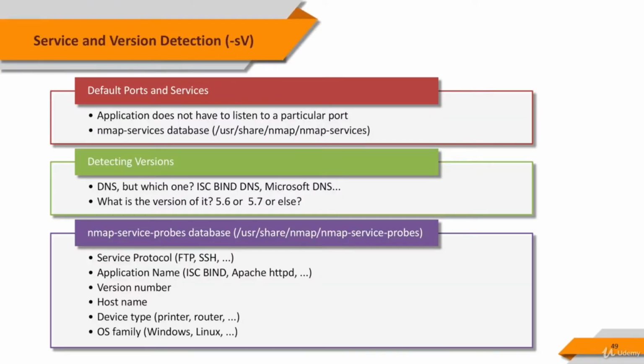Suppose that you ran an Nmap query and it told you that ports 25 TCP, 80 TCP, and 53 UDP are open. Using its Nmap services database of about 2,200 well-known services, Nmap would report that those ports probably correspond to a mail server, SMTP, web server, HTTP, and name server, DNS, respectively.